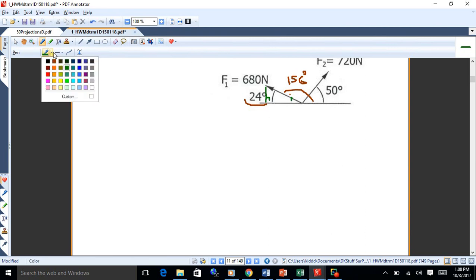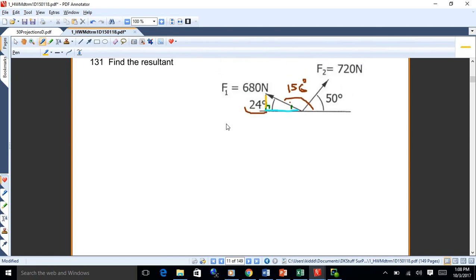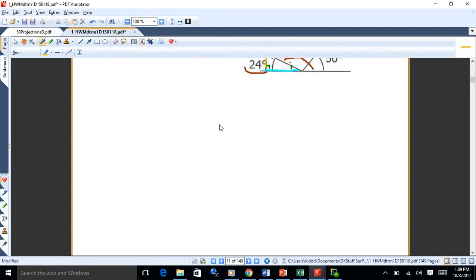So what you could do then is use the cosine, and using the cosine, you'll get the adjacent side. And then use the sine to get the opposite side, okay? Now, if you do it using the 24-degree angle, you do need to include the direction.